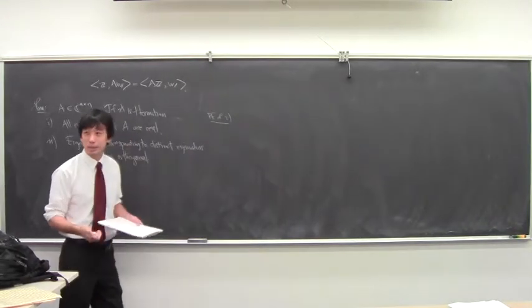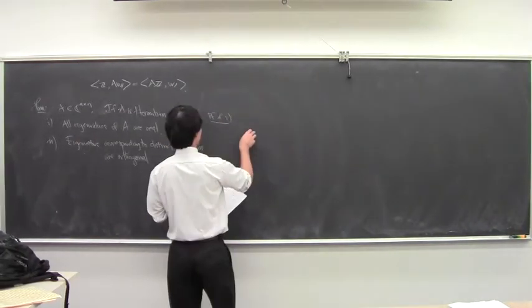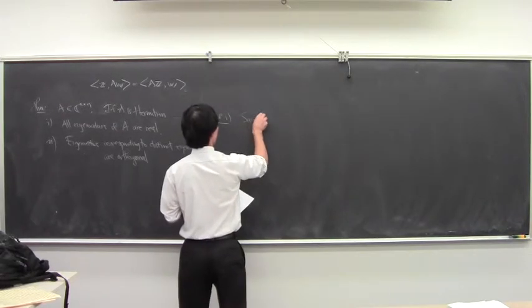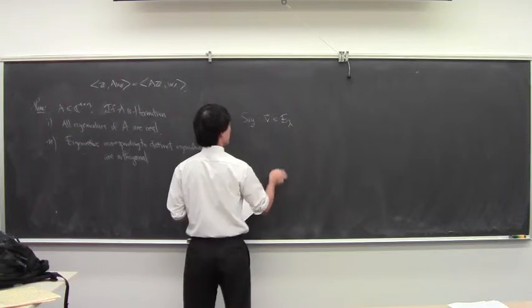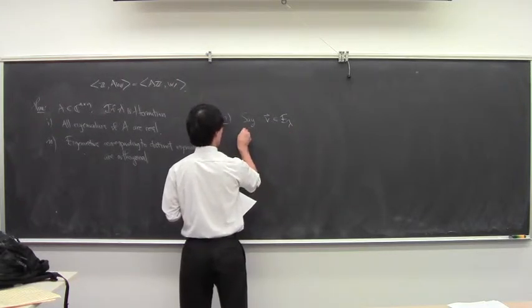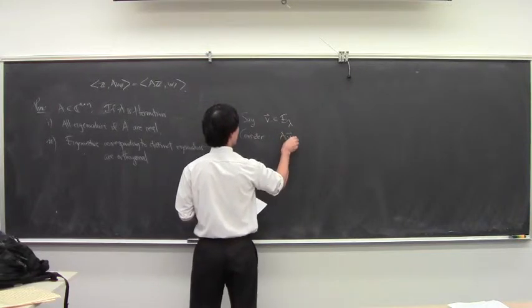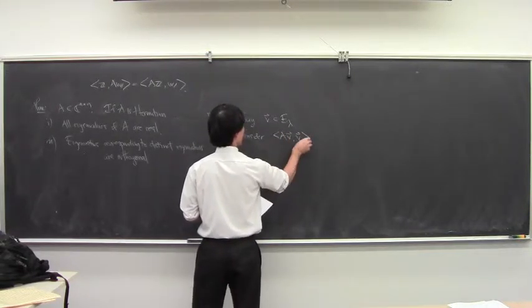Okay, let's take a look at it. Say that V is an eigenvector corresponding to eigenvalue lambda, and let's consider the inner product of AV against V.